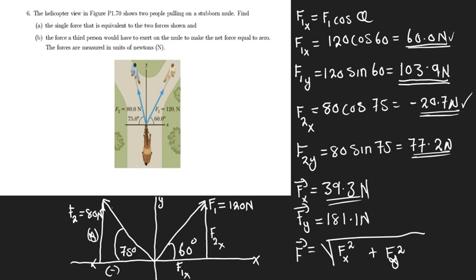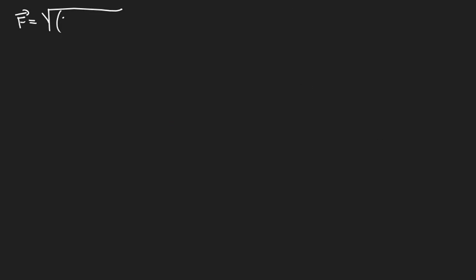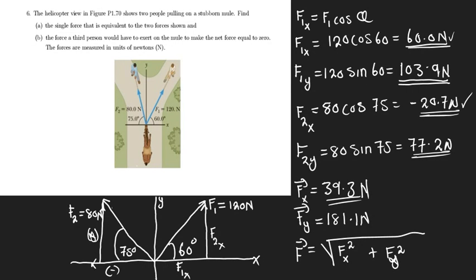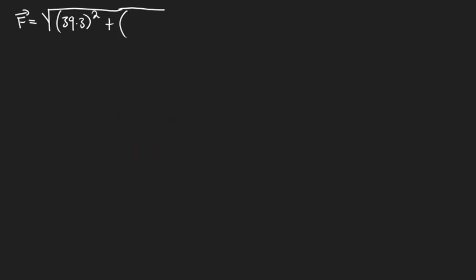So this is going to be F resultant equal to the square root of, what do we have? Okay, so this is 39.3 plus, what do we have? We have 181.1 newtons.